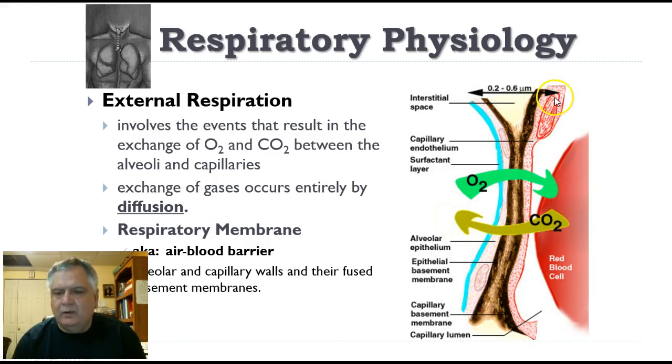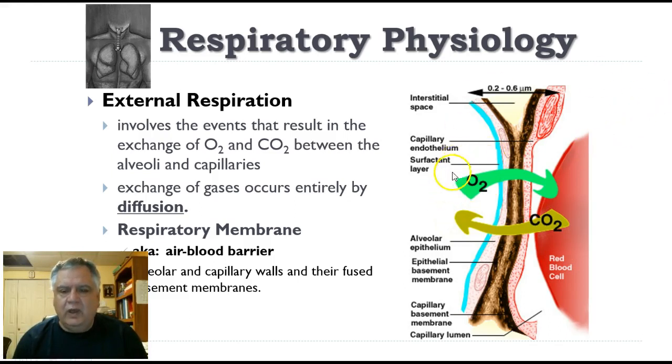Now over here, the capillary wall, again, is a very thin wall. It's made up of a single cell layer of simple squamous epithelium. And here we can see the basement membrane. And these two basement membranes kind of stick together. The proteins are sticky, and that allows the capillaries to adhere to the surface of the alveoli, as we saw in our diagram of the alveoli.